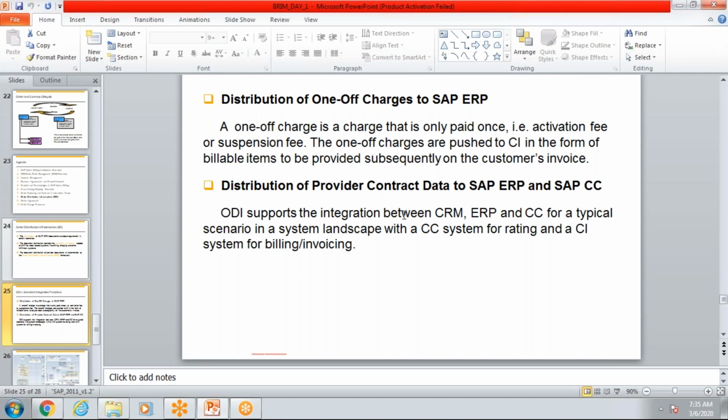Neither a sales order nor a contract will be created. Only the one-time charge item will go to the ECC system where the billing happens. Okay, this we will understand in the later sessions.